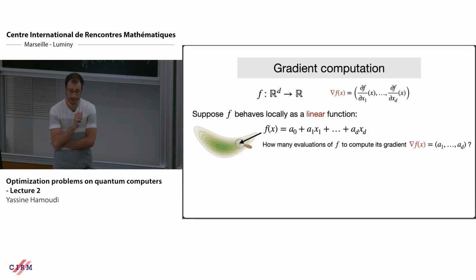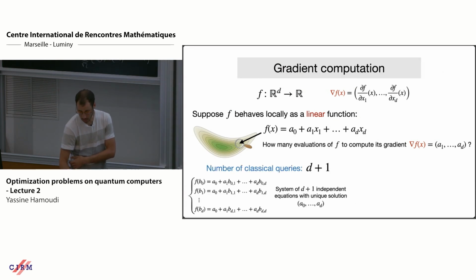Let's start with an easy case. Let's assume that locally, around the current point, the function is linear. Overall, it's not a linear function, but locally, if you just look around you, it behaves as a hyperplane. Now let's assume that you have an oracle for evaluating f. How many times should you evaluate f if you want to compute the gradient? The number of classical queries is going to be d plus 1.